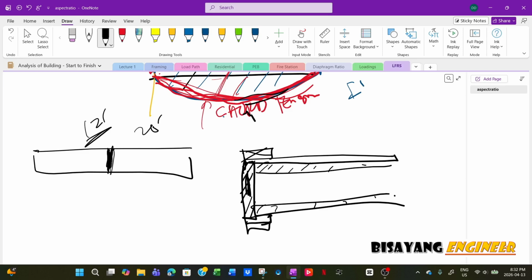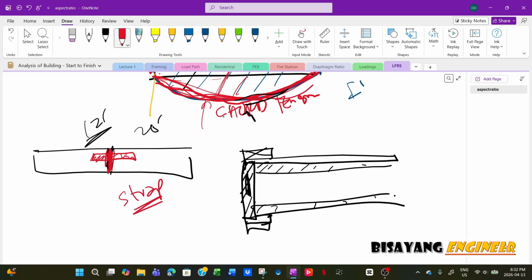Some contractors I've talked to say they can order up to 24 directly from the sawmill also. So if this is the rim board and you have a joint here because you cannot have a full length, then you have to provide a tension splice there. So you can use a metal strap to splice this one here.